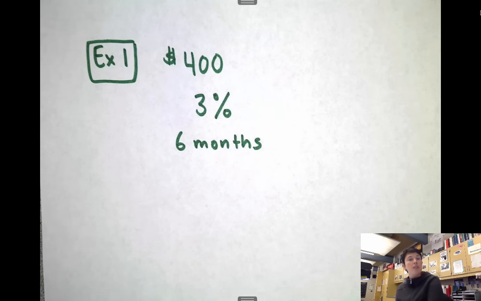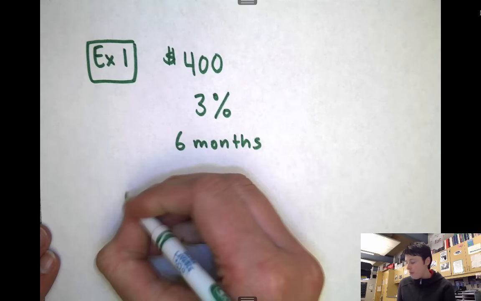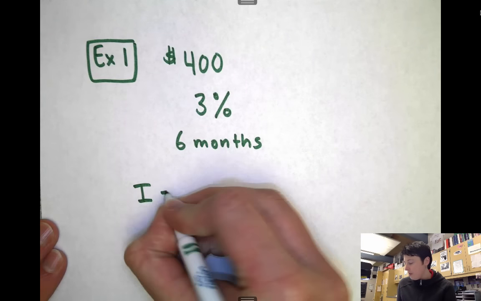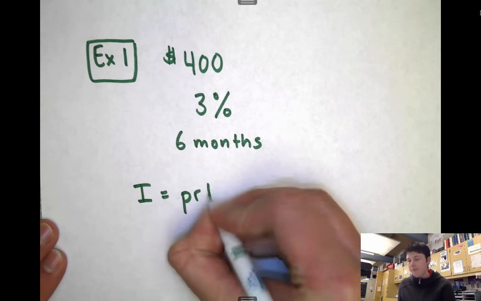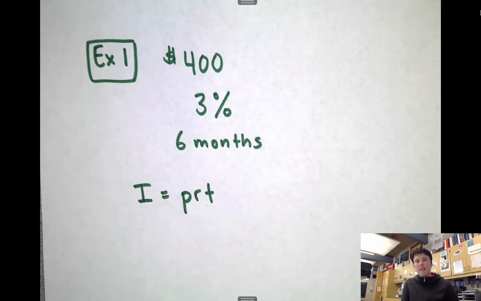Well, what does that mean for you? If you leave your $400 alone and it sits in the bank, they're going to be paying you 3 cents on the dollar. We're going to do a calculation to figure out exactly how much money that is. So we're going to use our formula, I equals PRT. I stands for interest.